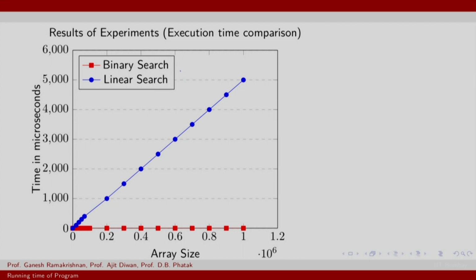The binary search basically operates on sorted arrays, and as you increase the array size and profile the time required in certain units such as microseconds as a function of increasing array size, you find that an algorithm such as binary search grows very slowly with the size of the array, whereas linear search, as the name says, grows linearly.